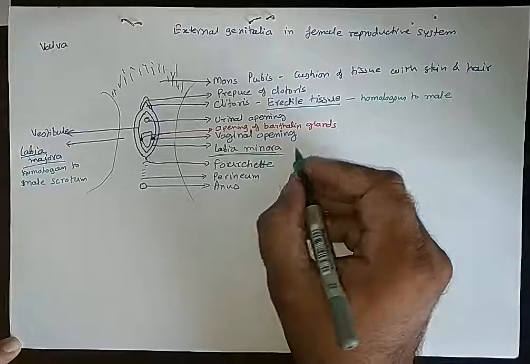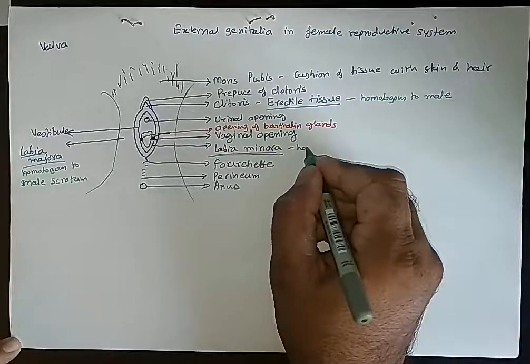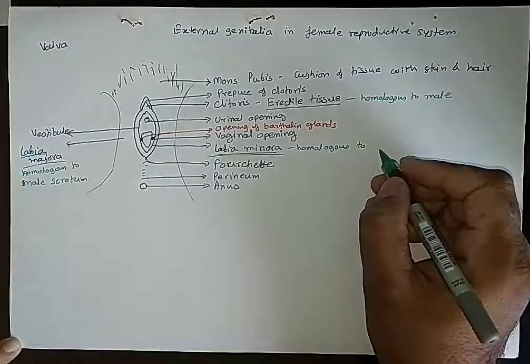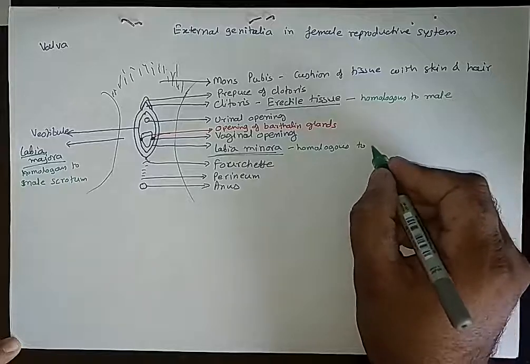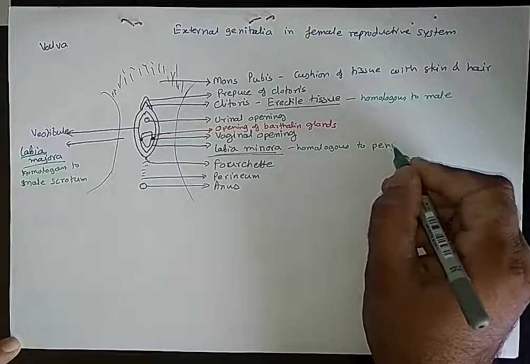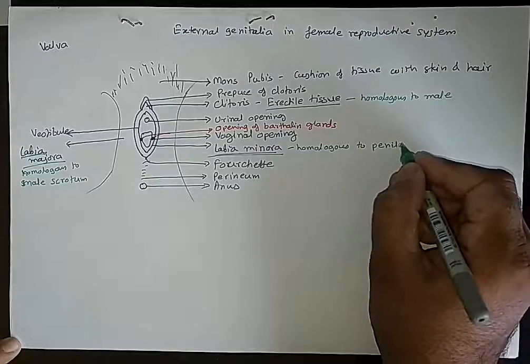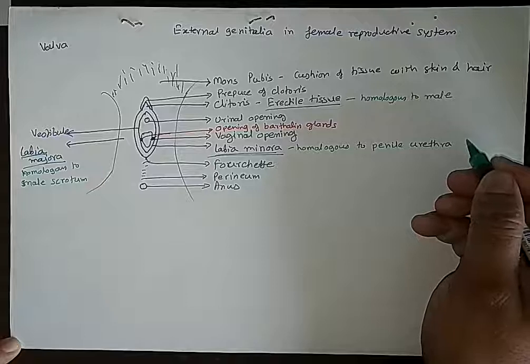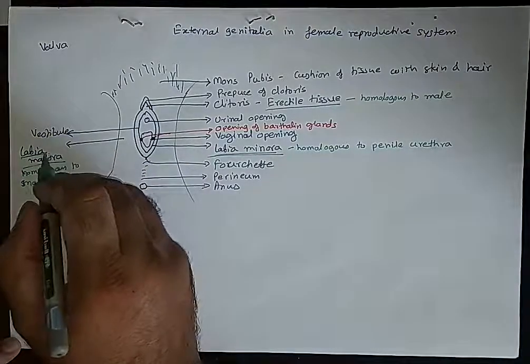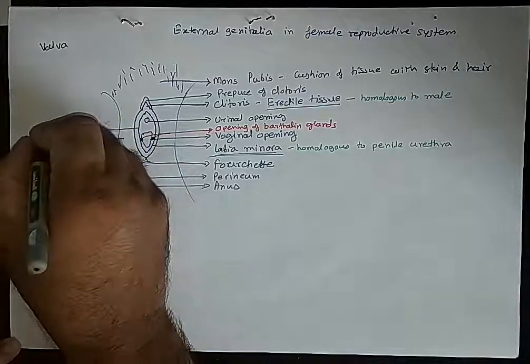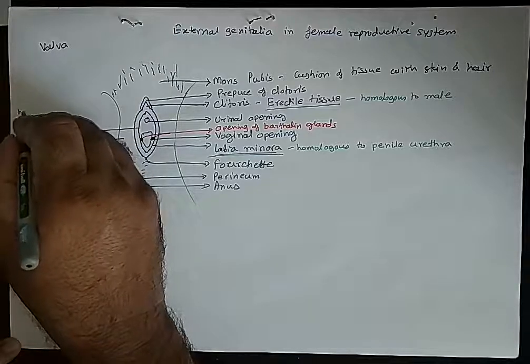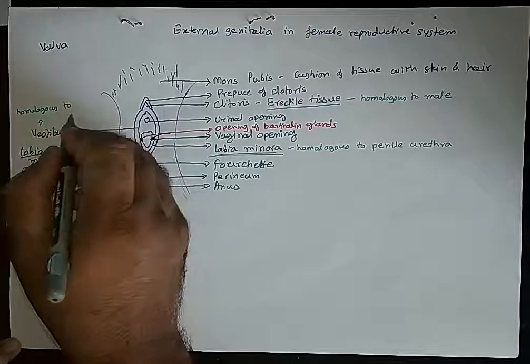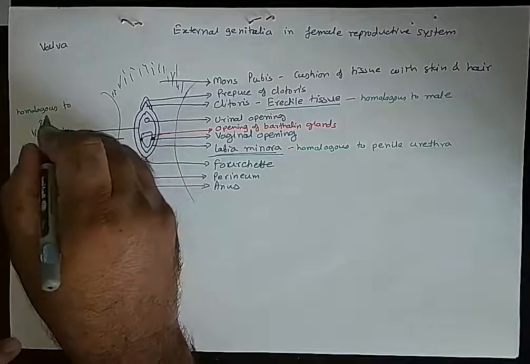is equivalent to, or homologous to, the penile urethra. Now the vestibule is homologous to the membranous urethra.